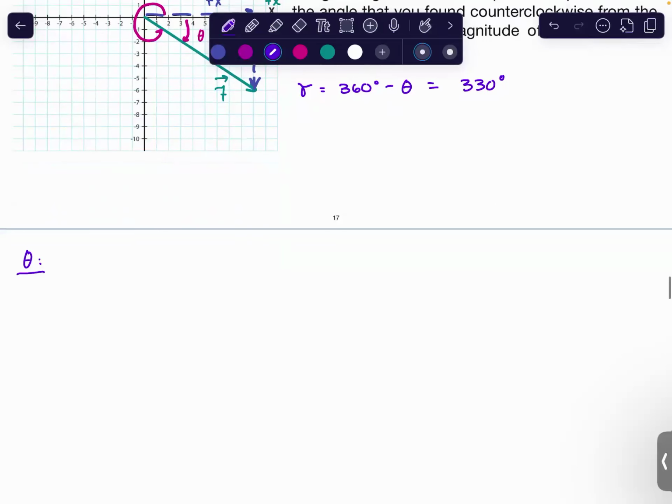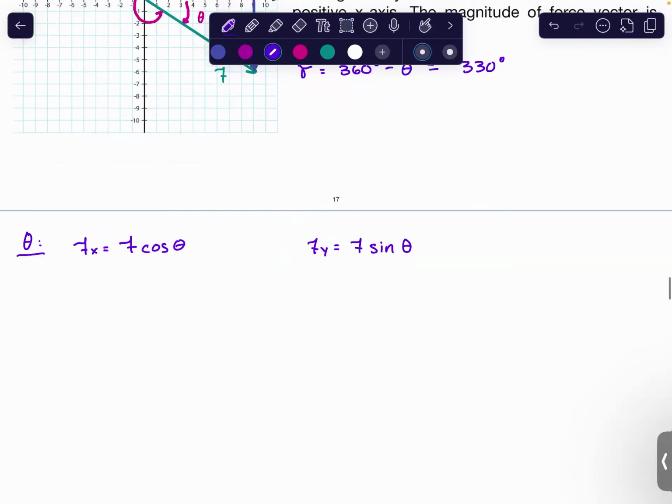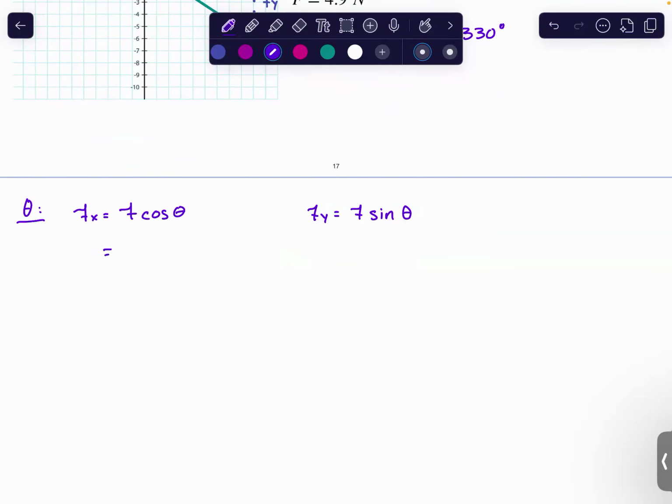Cosine. Fy is opposite, but I don't even need to analyze it, since Fx has to get the cosine, and Fy has to be the other one. Then I'm going to put my numbers in. We saw that the magnitude is 4.9 newtons, times cosine of 30 degrees, and I'm going to get 4.24 newtons.